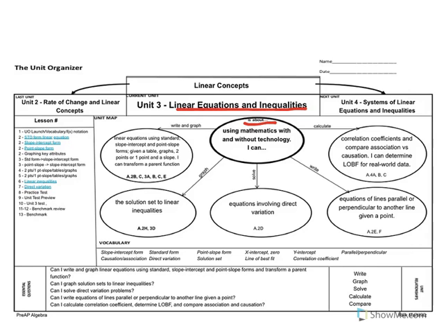You can write and graph linear equations using standard form, slope intercept form, and point slope forms, given a table, given graphs, given 2 points, or given 1 point and a slope. Also, you'll be able to transform a parent function. We'll talk a little bit more detail about that.